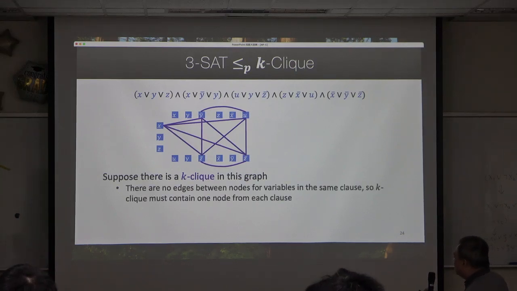Okay. Then there are no edges between nodes for variables in the same class, right? We only connect each literal to the literals of the other classes, right? So there is no edge in the same class. So this k clique must contain one node from each class.